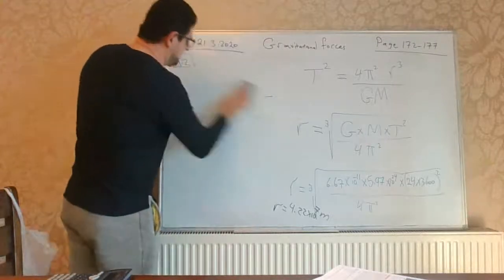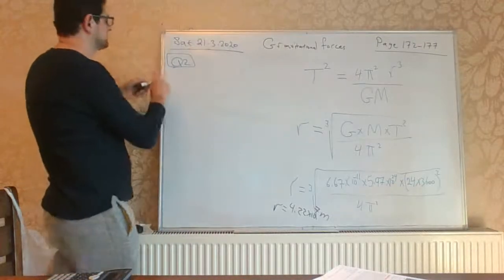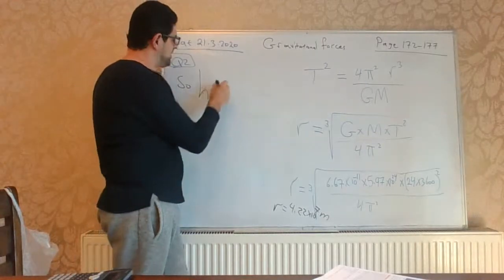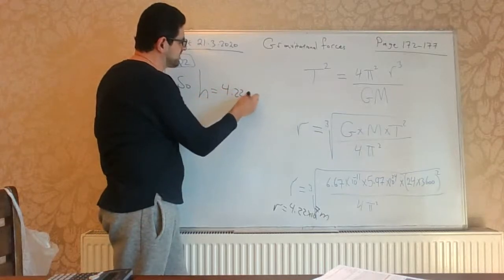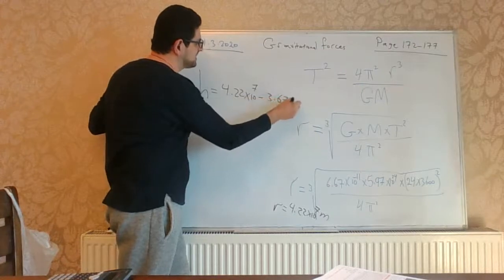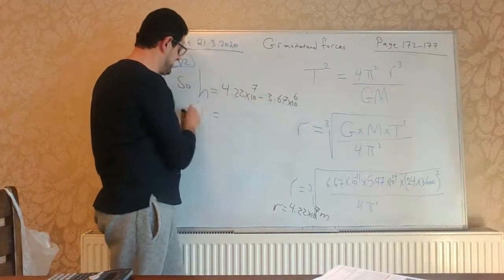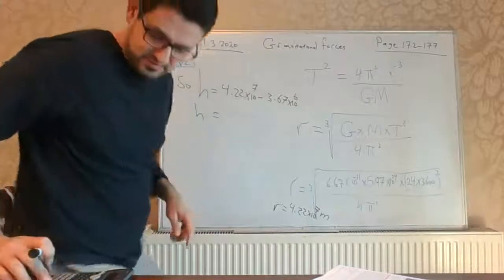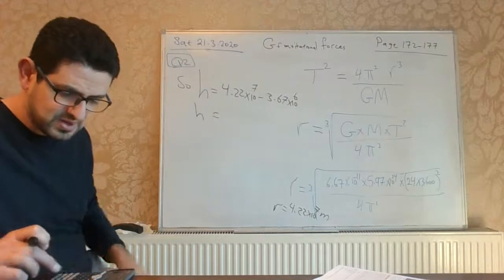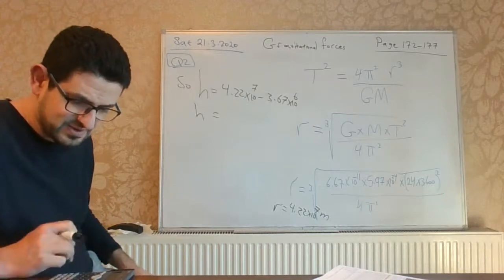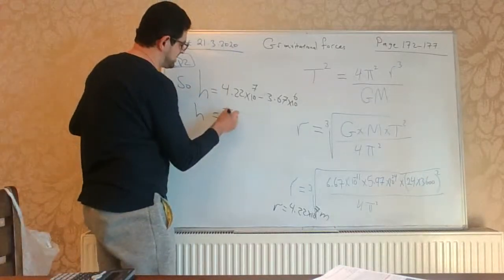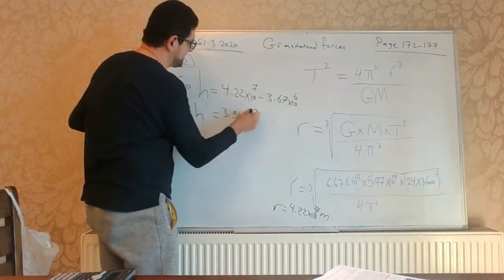So the height should be 4.22 times 10 to the power of 7 minus 3.67 times 10 to the power of 6, and the answer will be 3.59 times 10 to the power of 7 meters.